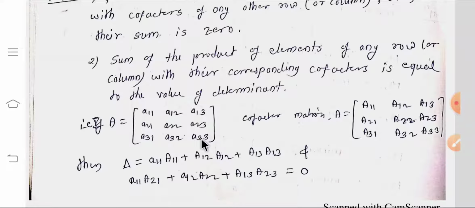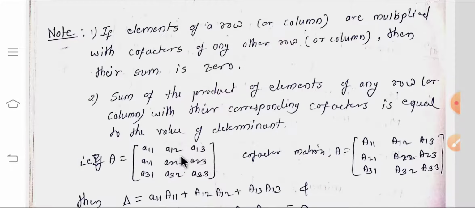The cofactor matrix is obtained from the corresponding cofactors of those elements. The cofactor of a11 is capital A11, the cofactor of a12 is capital A12, and so on for the corresponding small aij's. So the first note indicates that if the elements of a row or column of the given matrix are multiplied with the cofactors of any other row, then their sum is 0.